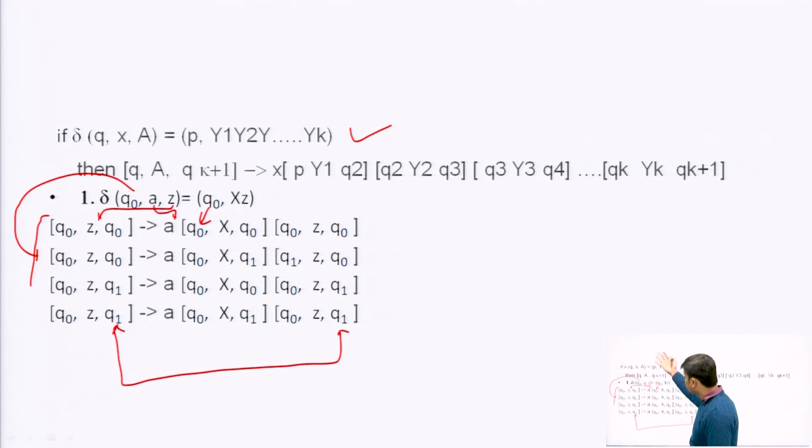If you have 3 states, then you have to continue with Q0, Q0, Q1, Q1, then Q2, Q2, like that.